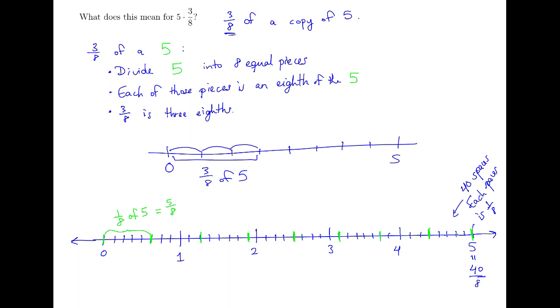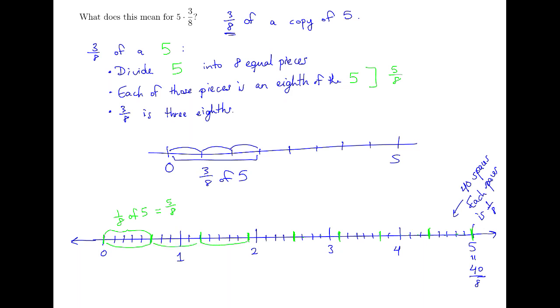And now we can see that each of these pieces is 1/8 of 5, which is 5/8. And so now 3/8 of 5 would be 3 of those pieces.